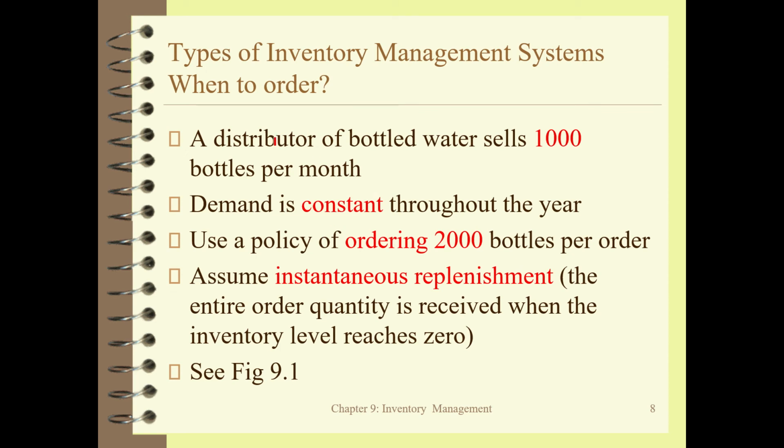So this is the example that we use to explain these two policies. Suppose we are the distributor of bottled water. We sell around 1,000 bottles per month, and assume that the demand is constant throughout the year.